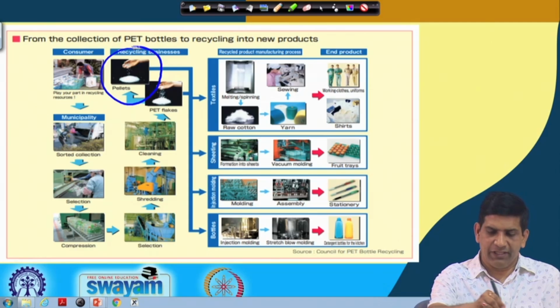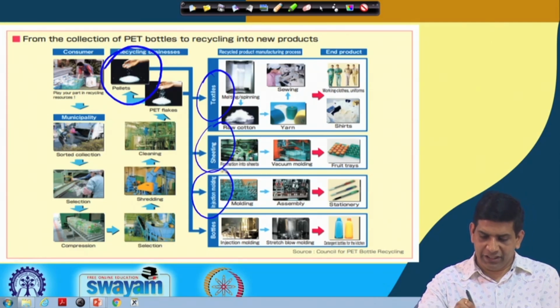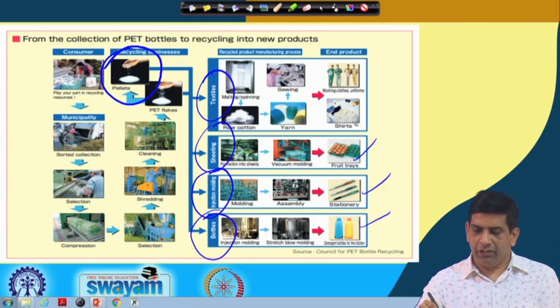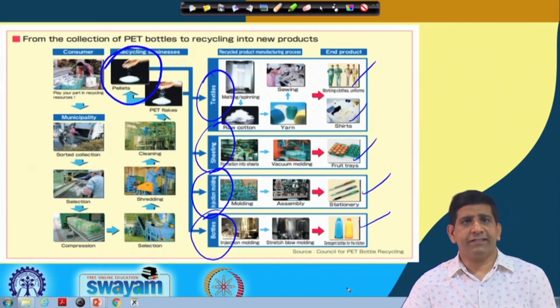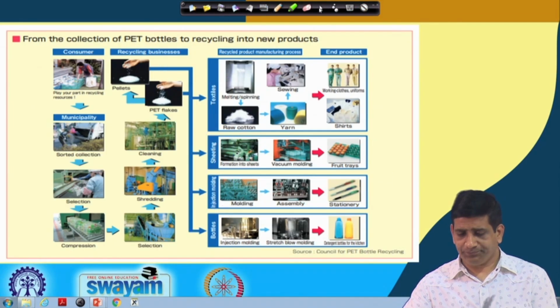The applications have been listed over here. You can use it for textile, sheeting, injection molding, as well as making bottles. So, as you can see, different products can be made out of recycled plastic, and it is already happening. It is in place and has been happening. Plastic does get recycled, and one of the biggest buyers of recycled plastic in our country is Reliance itself, which uses it for textile in a big way.